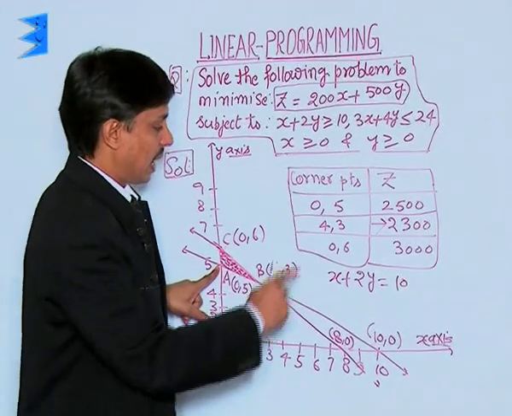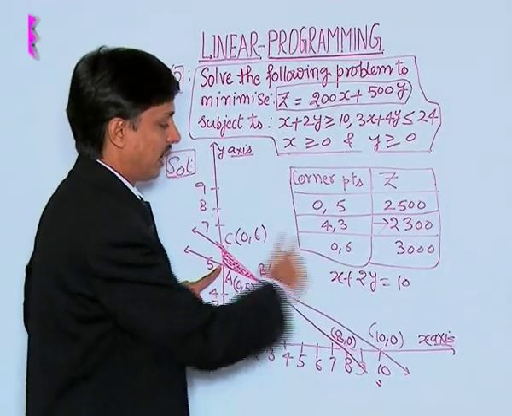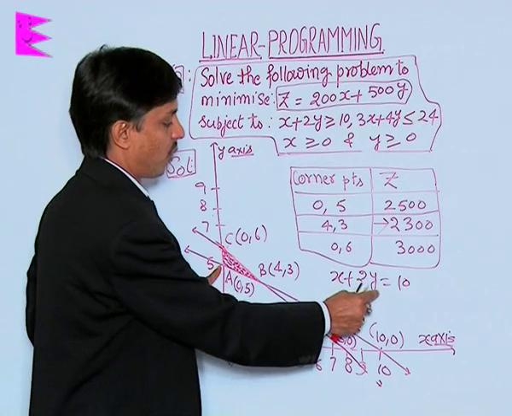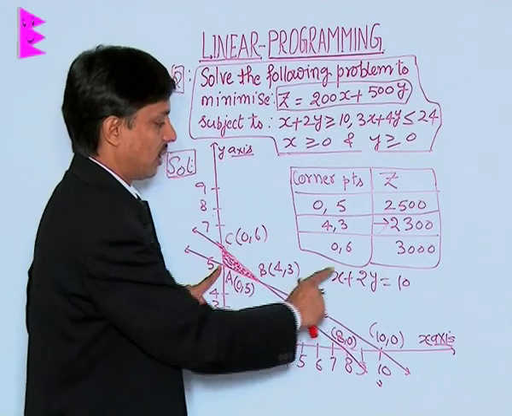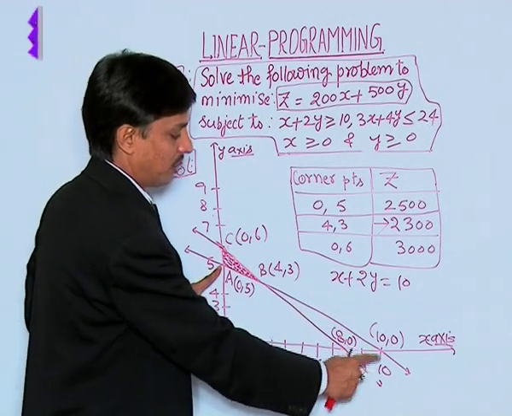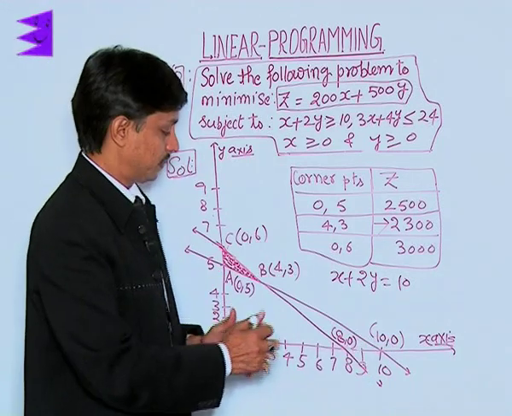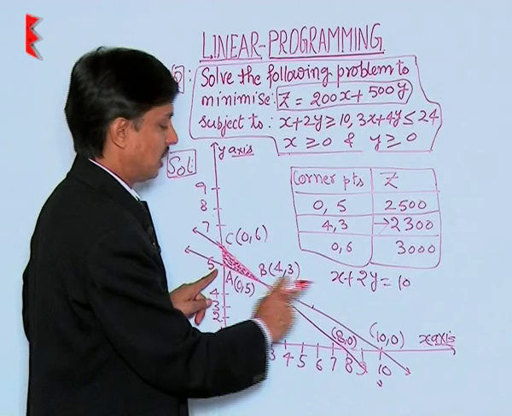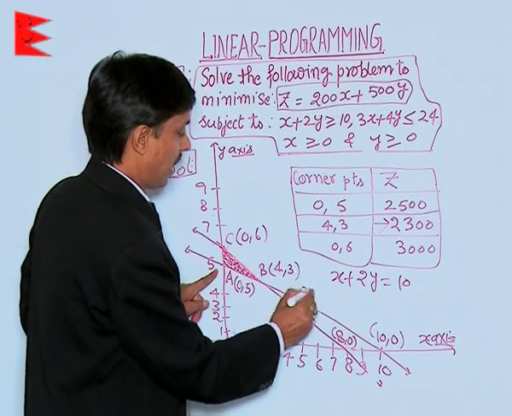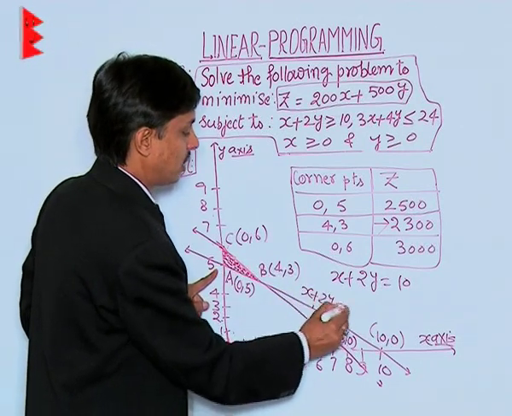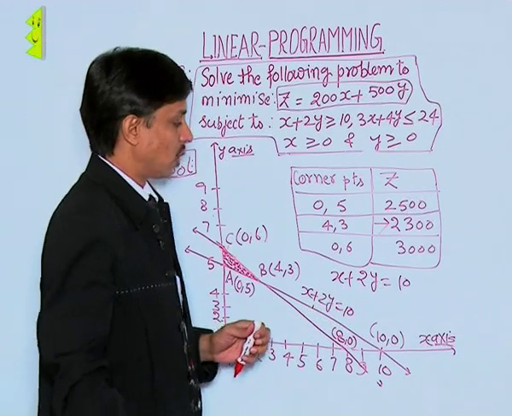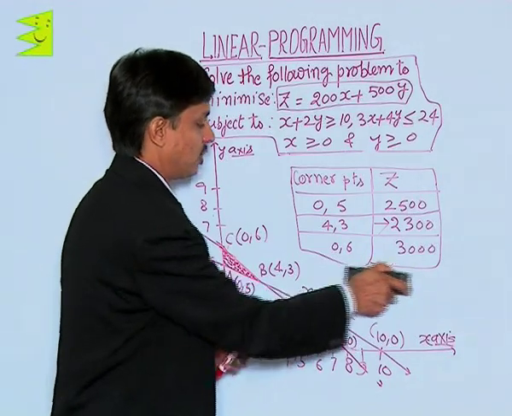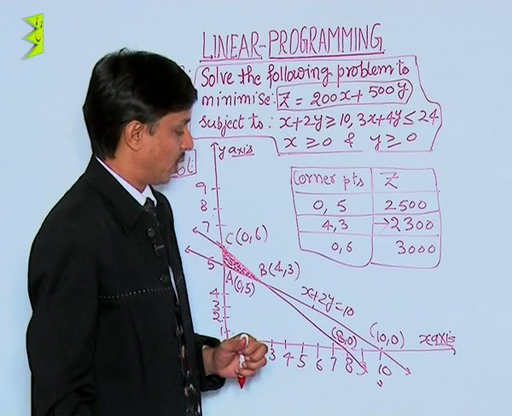And if I take y as 0, I will get x as 10. If y is 0, x is 10, it means that the second situation will be 10 comma 0. So with the help of this we can notice this is the line of x plus 2y is equal to 10.